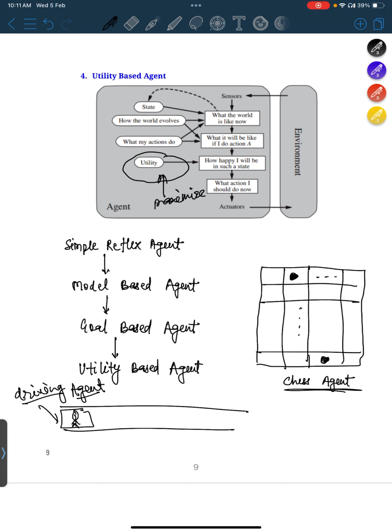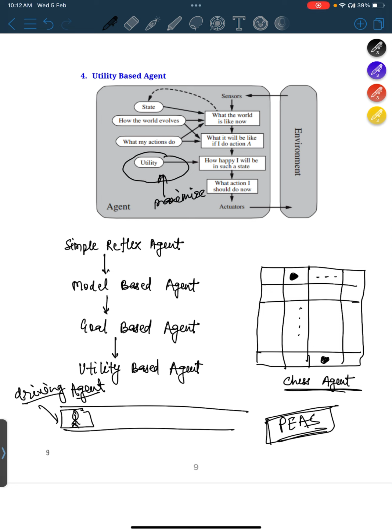That's where we define something called the PEAS of an agent. This stands for performance, environment, actuator, and sensor. These four things define the overall behavior of the agent: where the agent is working, what functionalities it has, how it takes inputs, how it generates the output, and what kind of performance measure it is trying to minimize or maximize, and so on.